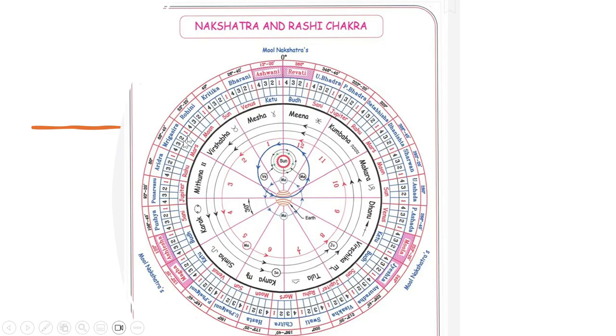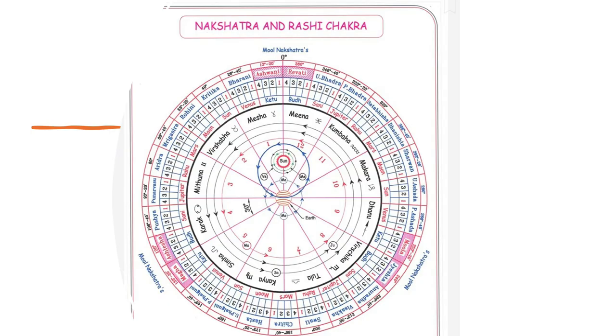108 padas. So remember, whenever you do mala or japa or anything, we always do 108. This is also said to be one of the logics, that each bead of the mala stands for one pada of the nakshatra.